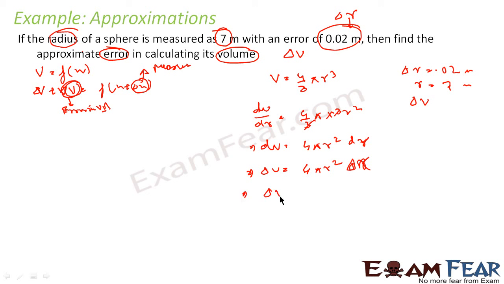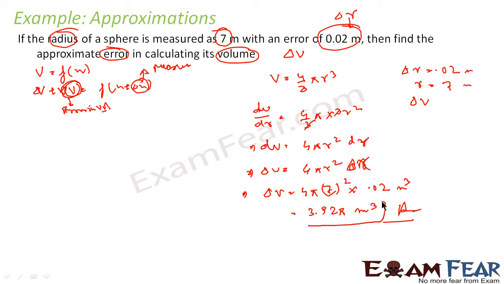So this is 4 pi into 7 square into 0.02. Solving, 49 into 4 into 0.02 becomes 3.92 pi meter cube, because 0.02 is in meters and r squared is meter squared. And that is my answer.